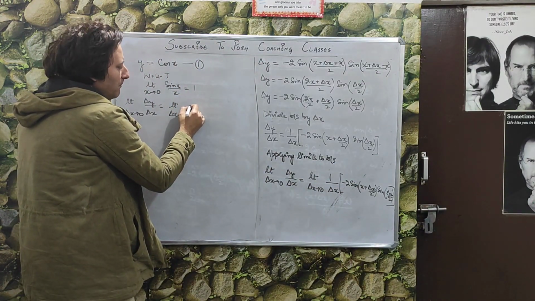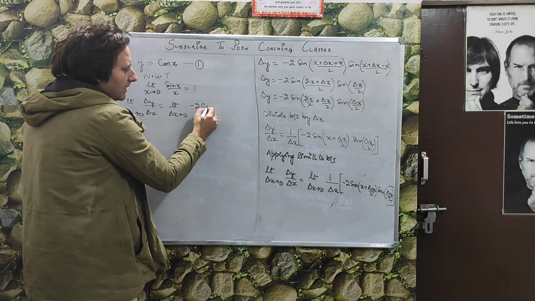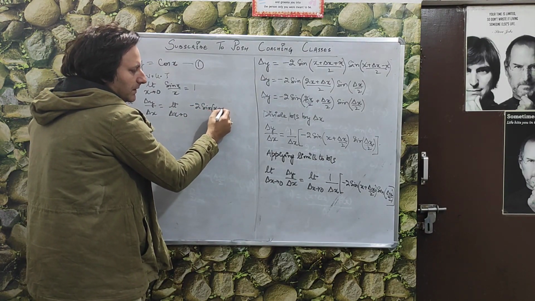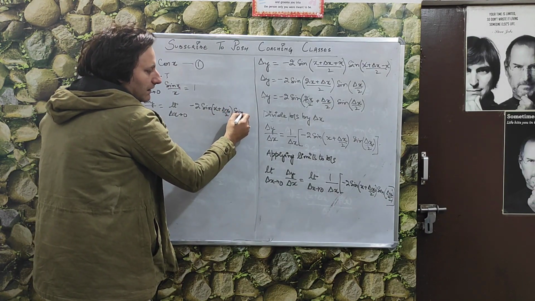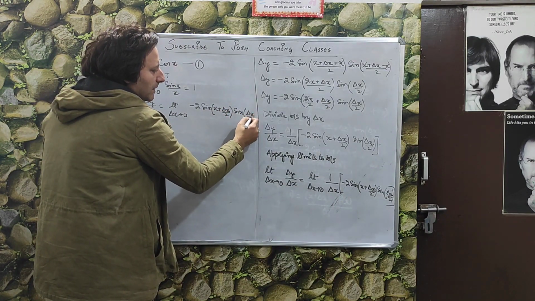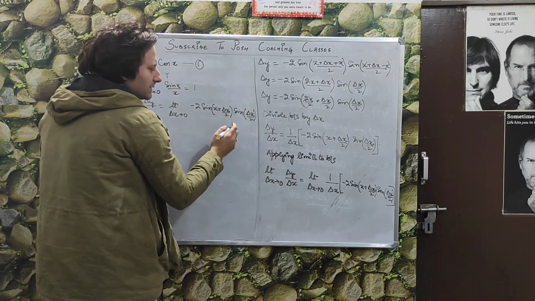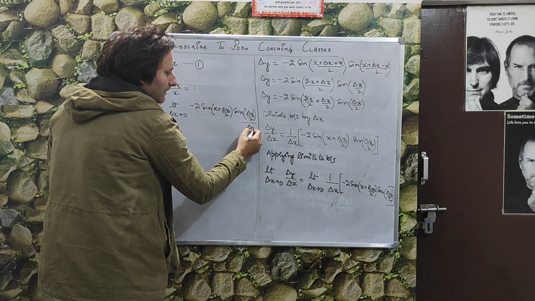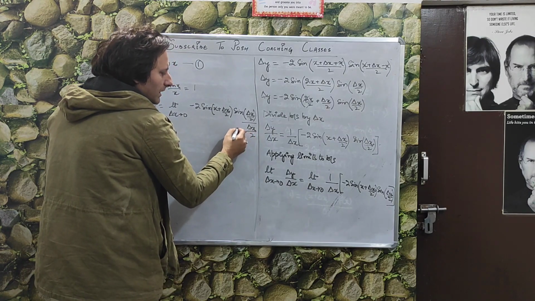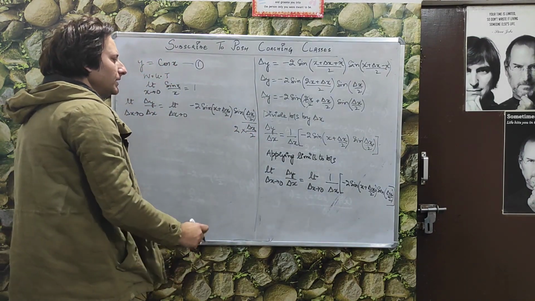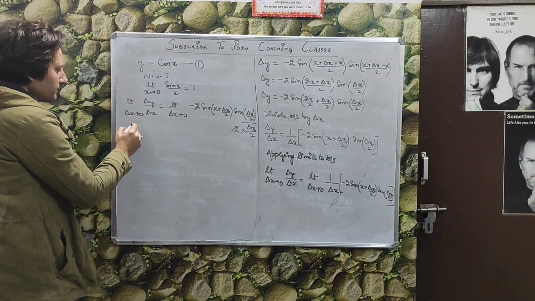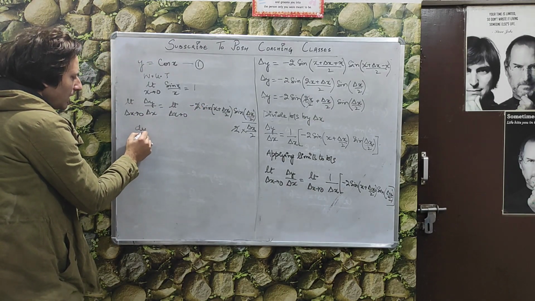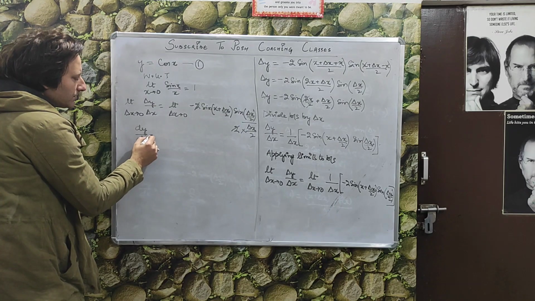So this becomes minus twice sine of x plus delta x by 2, then sine delta x by 2. The delta x in the denominator, it comes here. I'll put another 2 and 1 2 in the numerator. We'll cancel this.